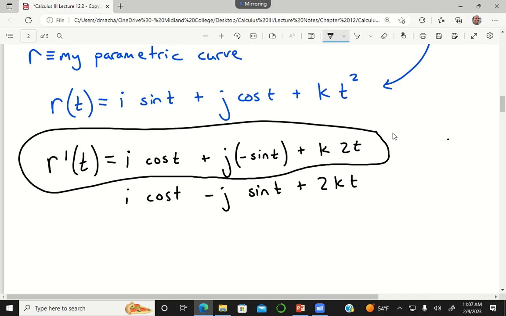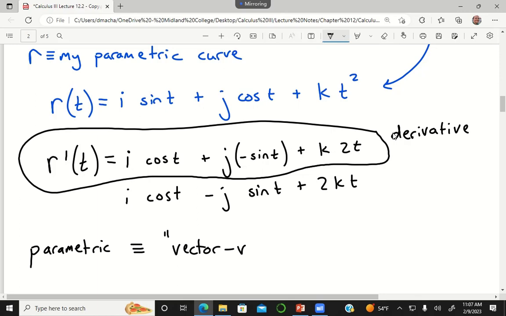And so as long as you remember how to take derivatives from Calculus 1, these new kinds of derivatives that we're going to be taking for parametric curves, like I said, a parametric curve is the same thing as a vector valued function.